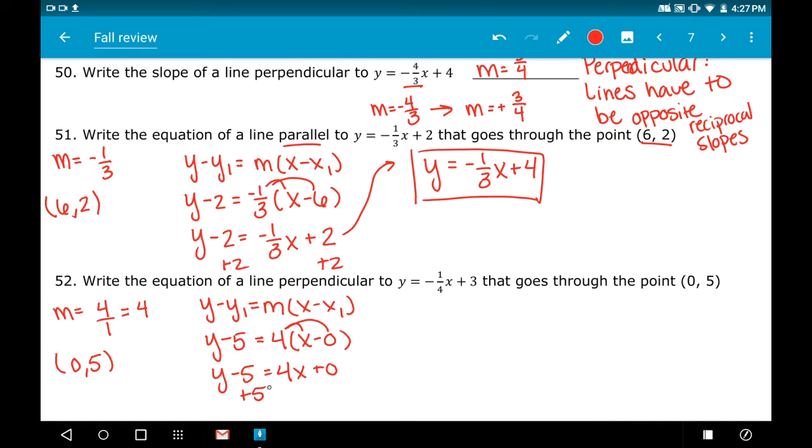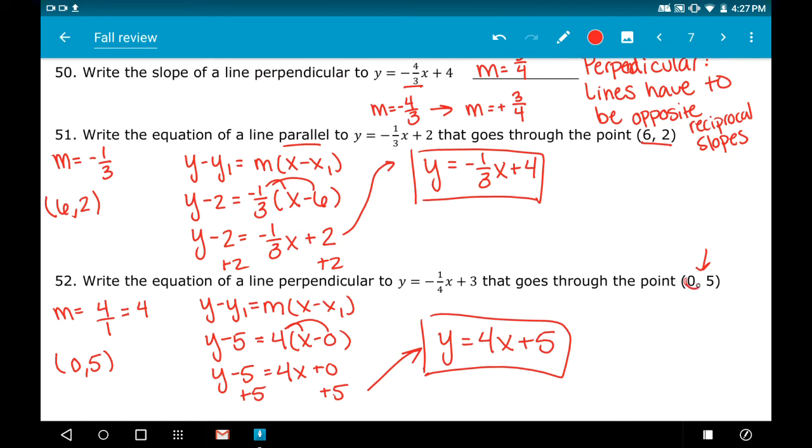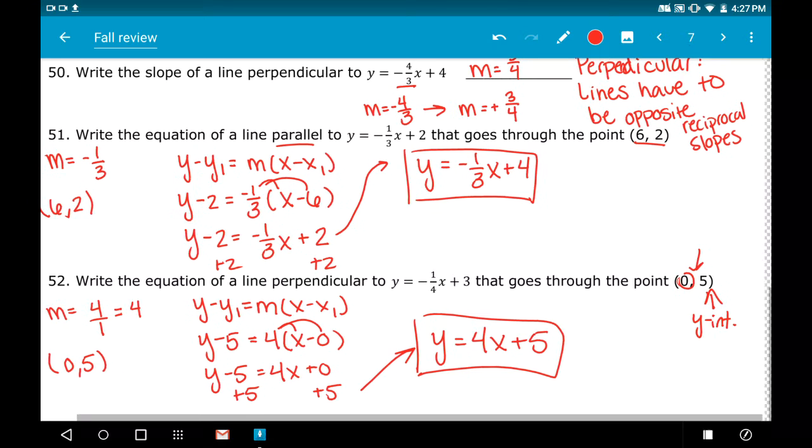So when I add my 5 to both sides, our final equation is y equals 4x plus 5. You could have also gotten this intercept right away because with 0, 5, if the x is 0, that has to be the y-intercept.